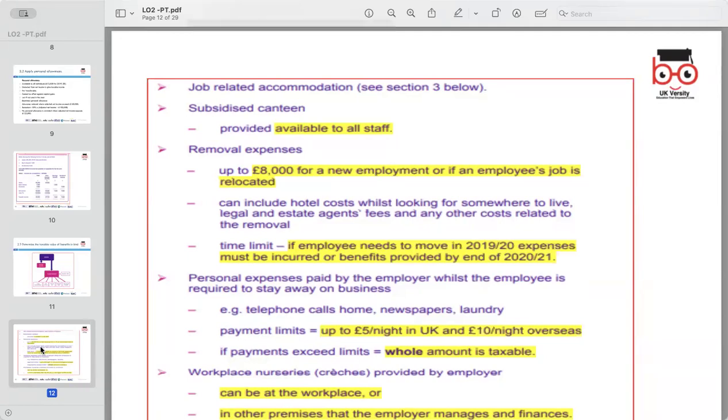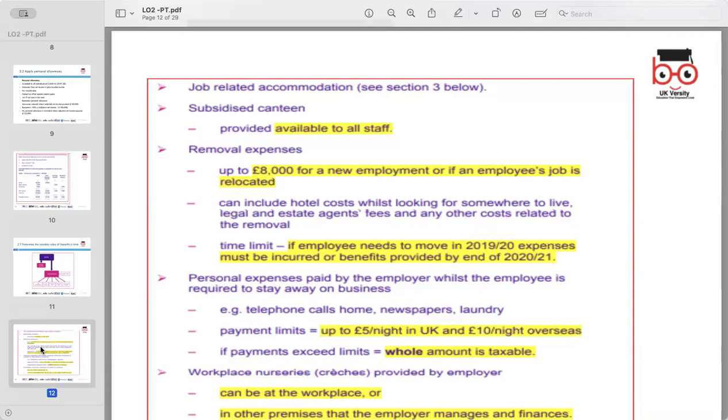Next one is subsidized canteens. These are canteens provided by employers for their staff, and they are usually available to all employees. The aim is to provide affordable meals for employees while they are at work. Then we move on to removal expenses.